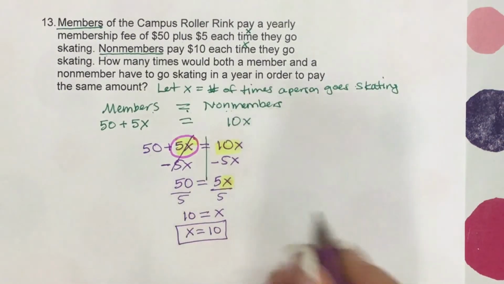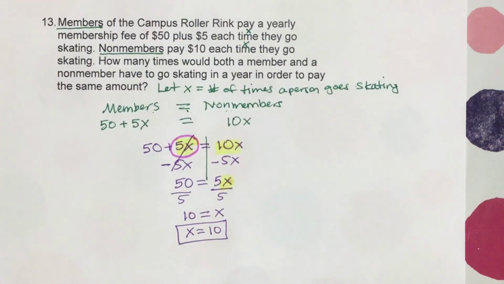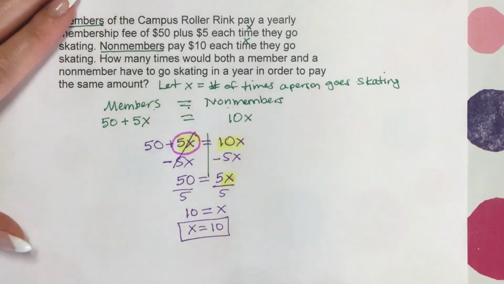That's my answer, which means how many times would both a member and a non-member have to go skating in a year in order to pay the same amount?